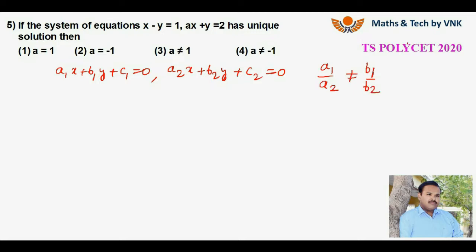One of the given equations is x minus y is equal to 1. So this is x minus y minus 1 is equal to 0. Comparing with a1x plus b1y plus c1 is equal to 0, a1 is equal to 1, b1 is equal to minus 1, c1 is equal to minus 1.